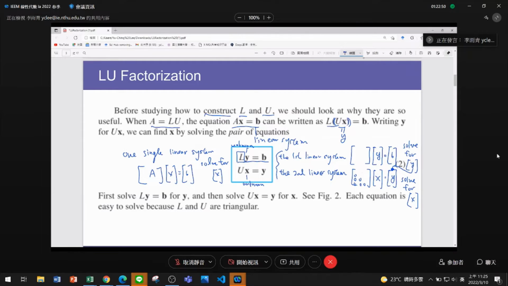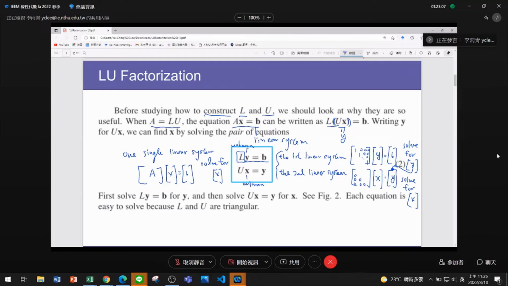L is also a very special matrix, because the diagonal elements are all one and the top right corners are all zeros.